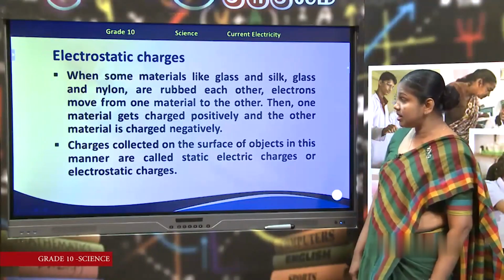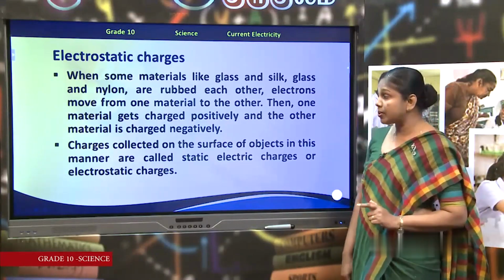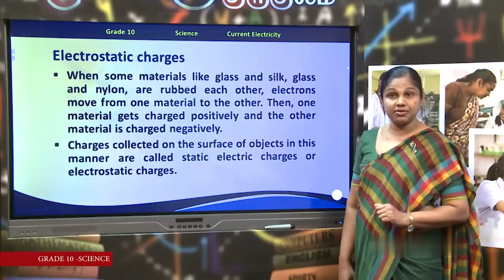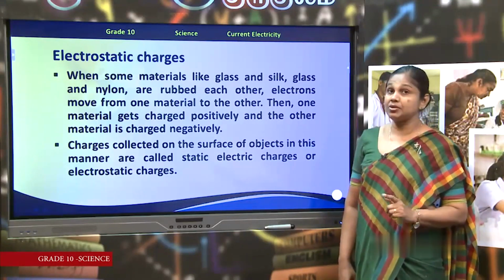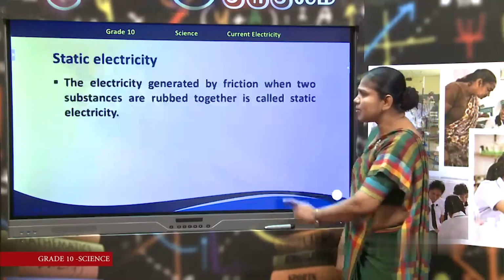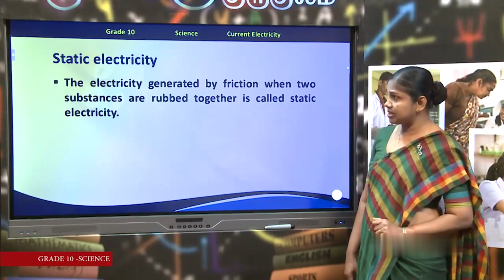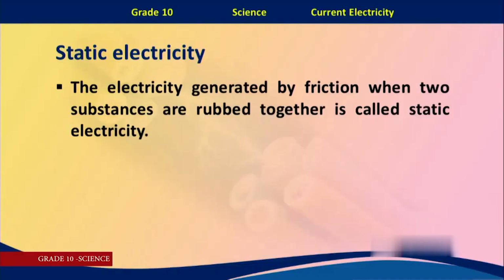Charges collected on the surface of objects in this manner are called static electric charges or electrostatic charges. Then what is static electricity? Static electricity is the electricity generated by friction when two substances are rubbed together. Right?